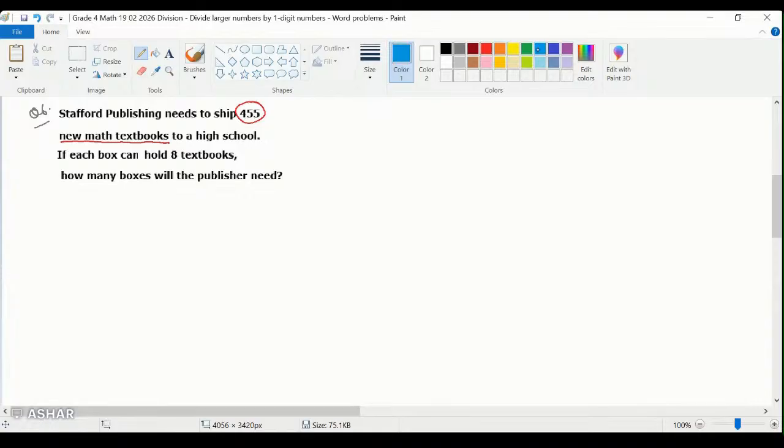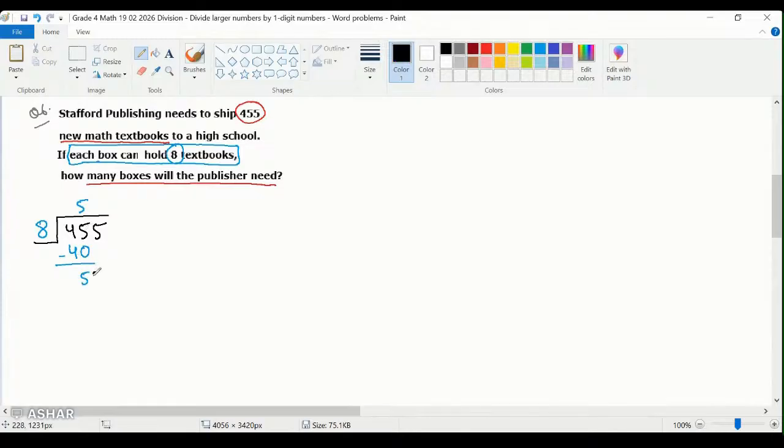If each box can hold 8 of the textbooks, how many boxes will the publisher need? So when we divide 455 by 8, because each box can hold 8, can we say 8 times 5 would be 40. 45 minus 40 is 5.